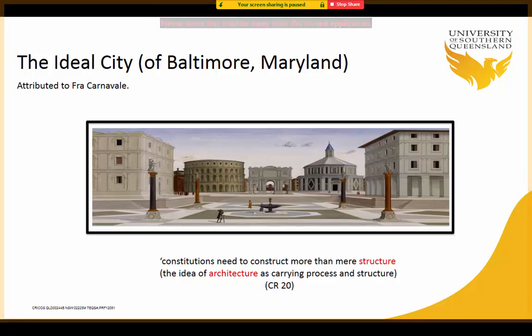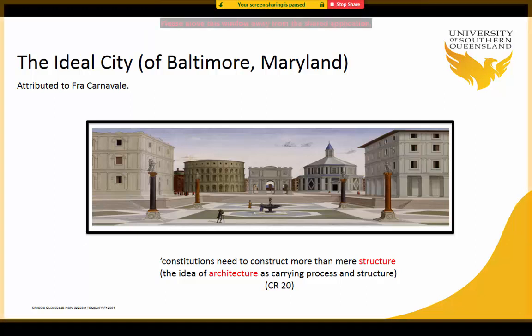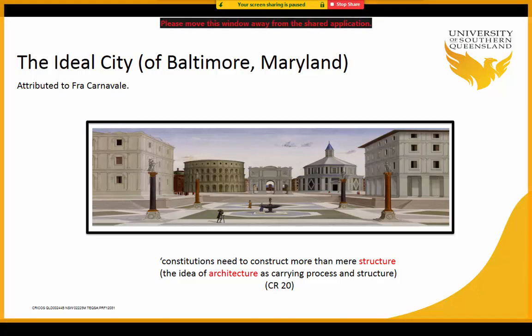So the idea here is that constitutions, okay, need to construct rather more than mere structures. Okay? So the constitution is not simply about sections or chapters. It's also about the architecture. So the idea of how these sections are put into practice.